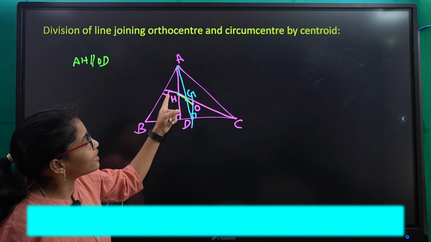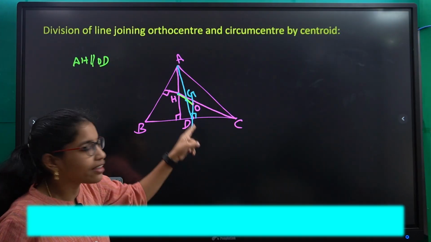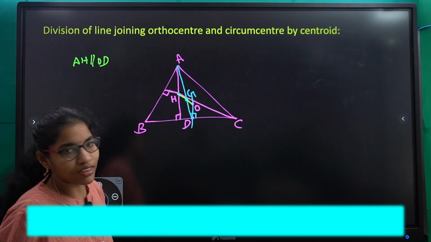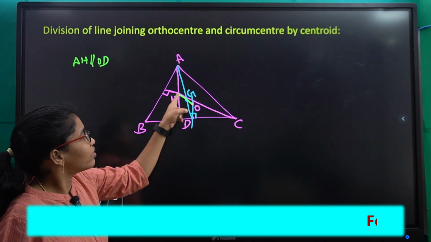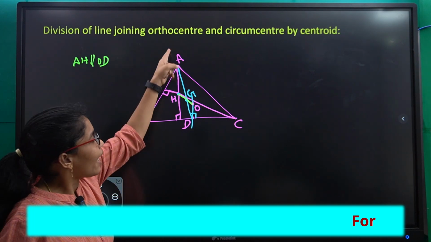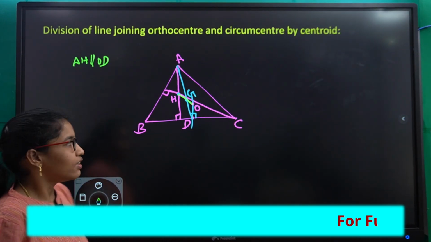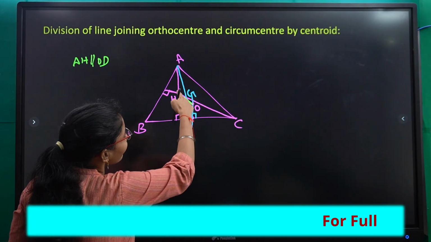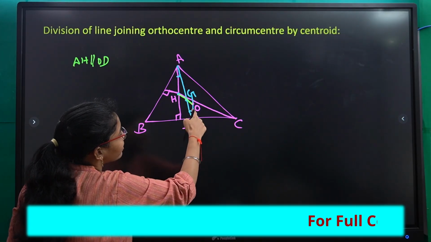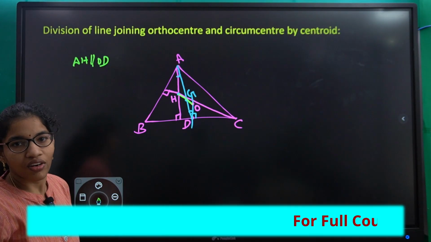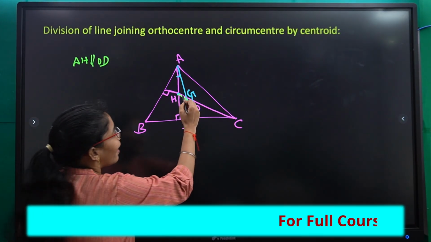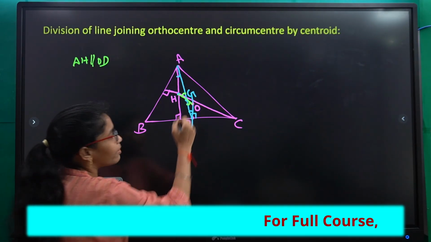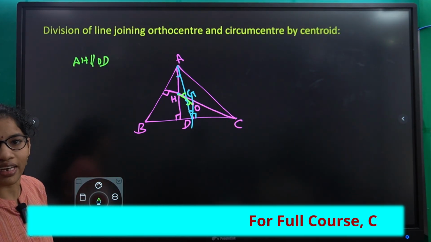So from this can I say HO and AD are the transversals, right? So this HO is the transversal and AD is the transversal. Now here this angle and this angle are same or not? Alternate interior angles. And this angle and this angle are same or not? Vertically opposite angles.